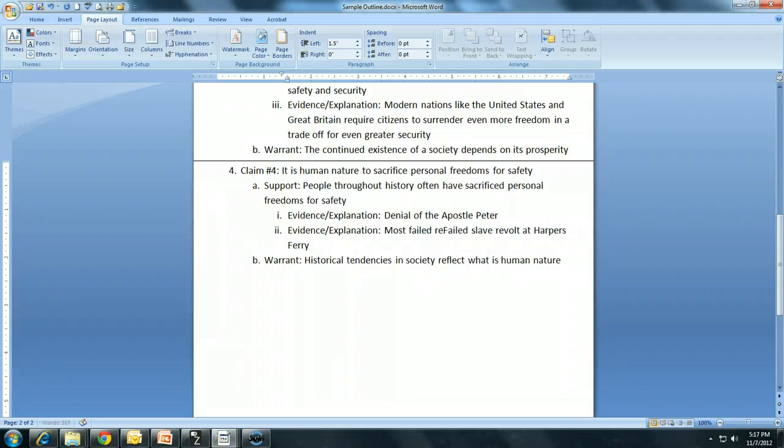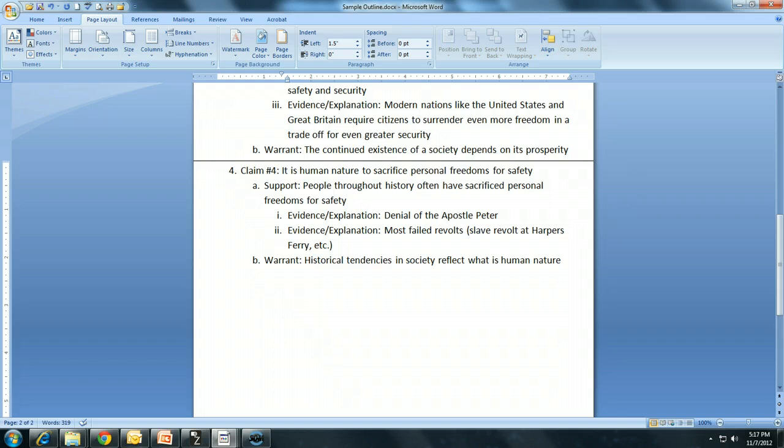Most revolts fail simply because the revolutionaries cannot get enough people to join their side. Those people would rather be safe, would rather keep their lives than have whatever the freedom is they're fighting for. So my illustration will be, this is the reason of most failed revolts. I'll cite the slave revolt at Harper's Ferry, and, etc. I'll come up with another one here in a little bit.